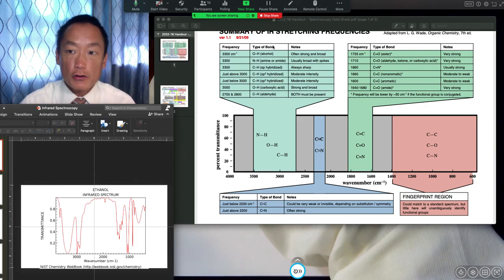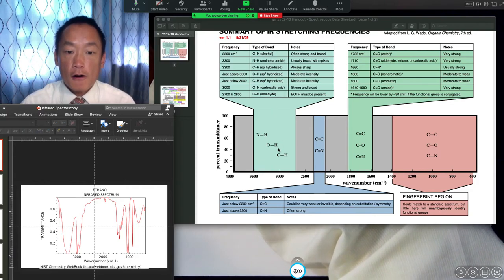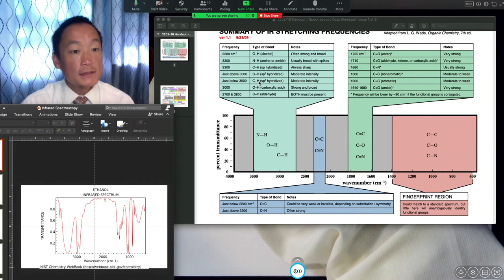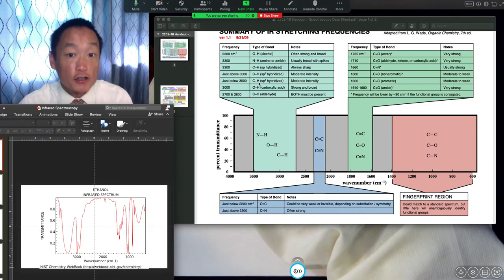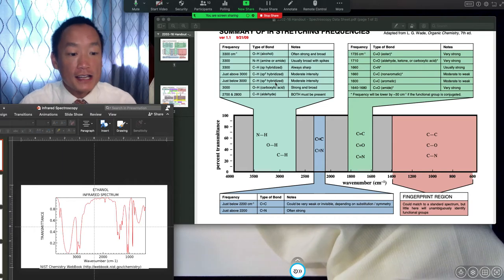And so I go over to the spectroscopy data sheet and say to myself, oh, at 2,900 inverse centimeters, just below 3,000, any sp3 hybrid carbon-hydrogen bond will start to do some type of molecular motion at that point in time at that wavelength of light. Ergo, if I see a peak at 2,900, I must have this type of bond, an sp3 hybridized CH.